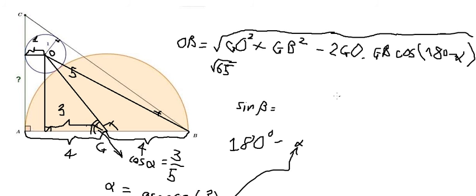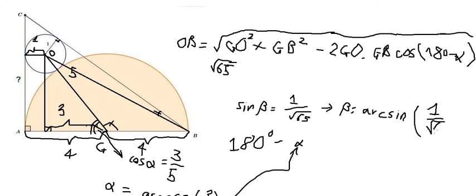That's 1 over the square root of 65. So we got beta equal to arc sine of 1 over the square root of 65.